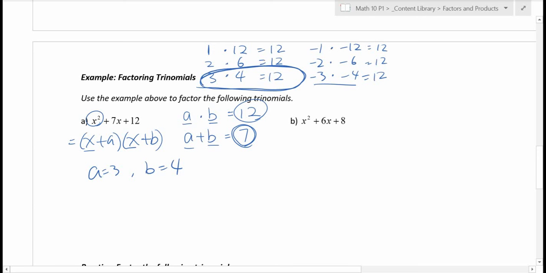Can A be 4 and B could be 3? Absolutely. It doesn't really matter, okay? The order in which we multiply, it doesn't matter because they multiply to 12 and they add to 7 regardless, okay? So if you want to factor this, this is simply x plus 3 times x plus 4. Okay, again, because we found out A was 3 and B is 4.